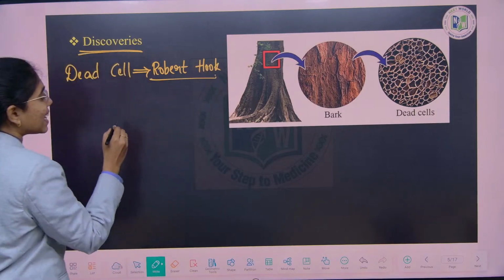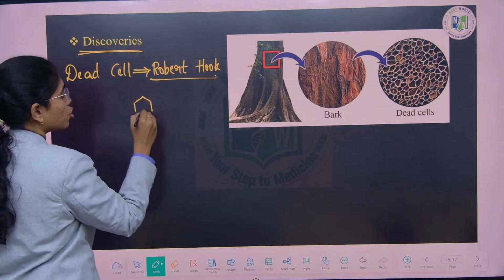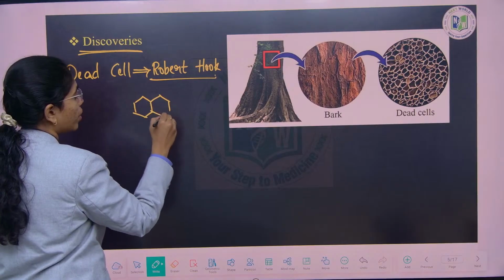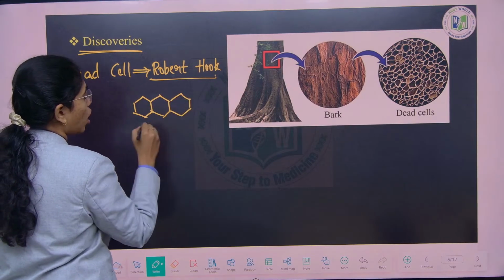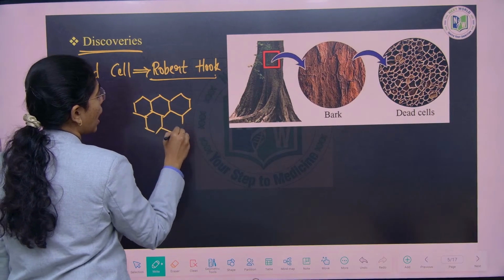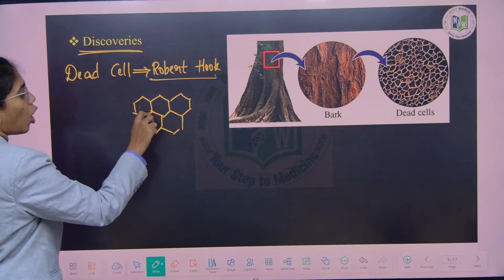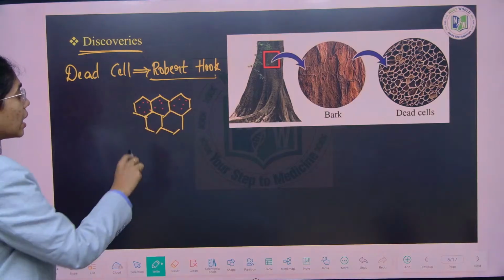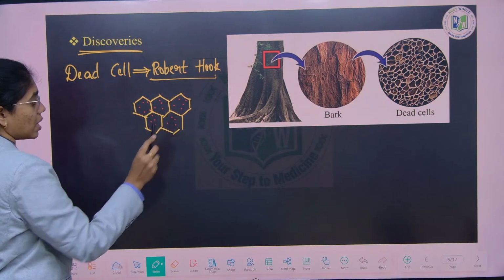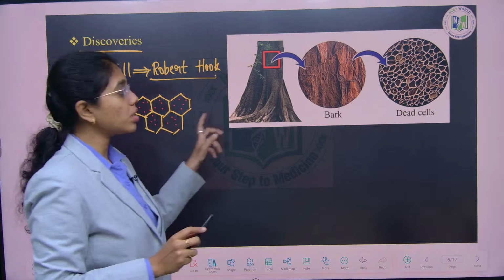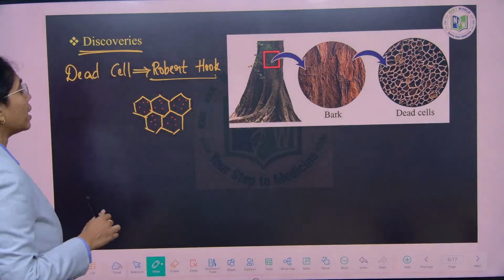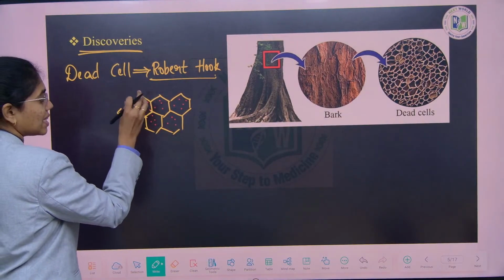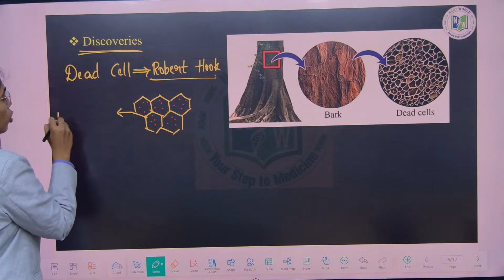He analyzed the cork cells of Quercus suber and noticed that there are hollow spaces inside. There is no protoplast inside. These are hollow spaces. And when he observed this under a microscope, he said that these hollow spaces, cells, are like a honeycomb structure.